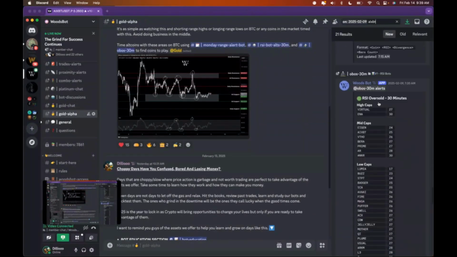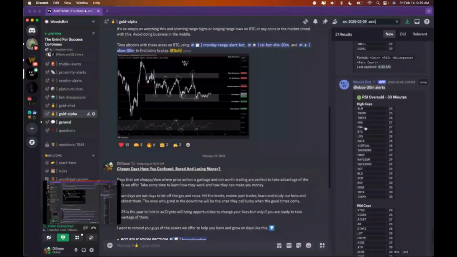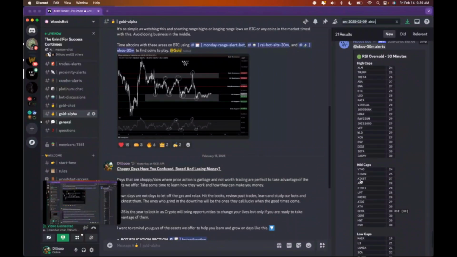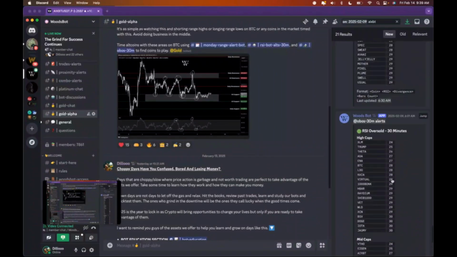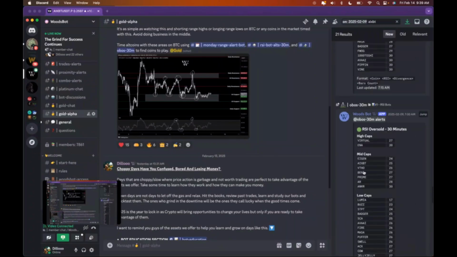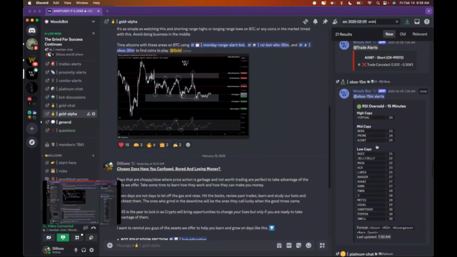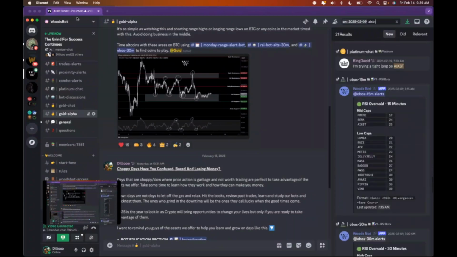This is an easier way to do it, because now you have the OBOS was showing AIXBT was a 27 read. Let's see if it gets lower. 27, 25, 25, 29. So yeah, you can see it bottom out here.